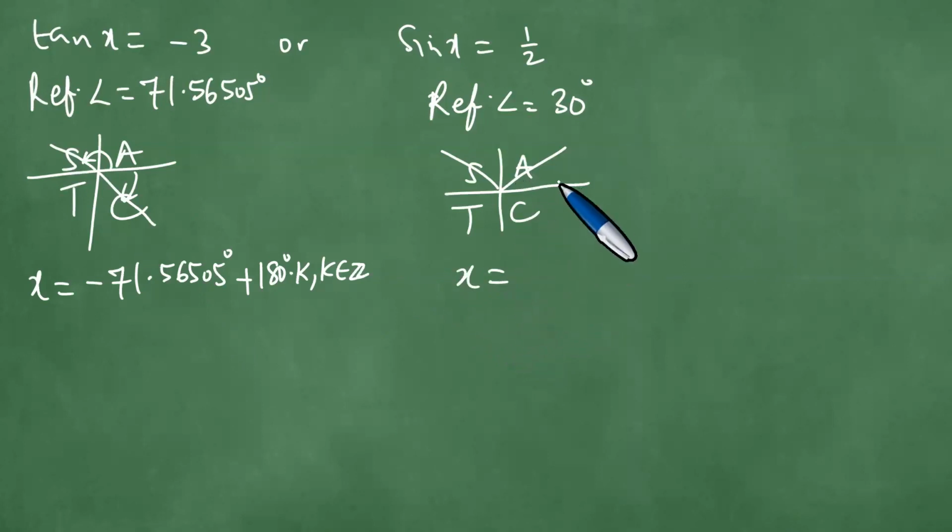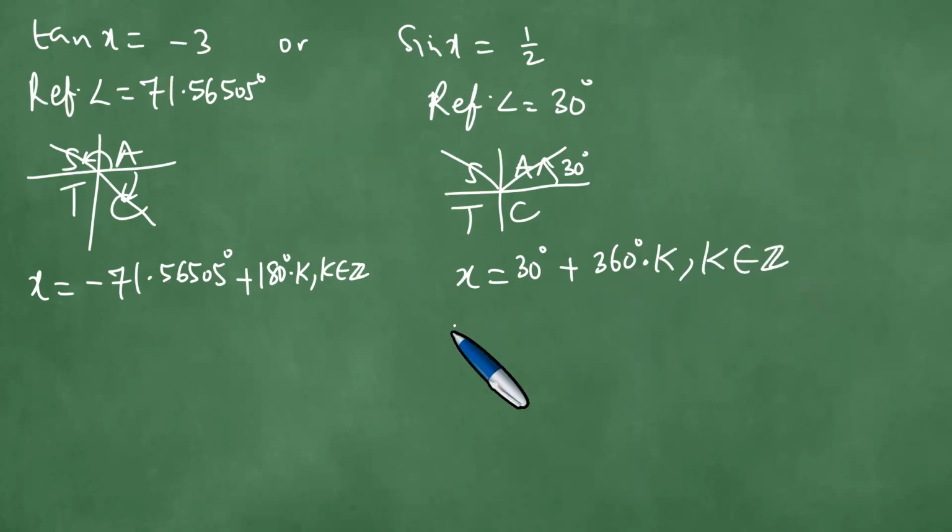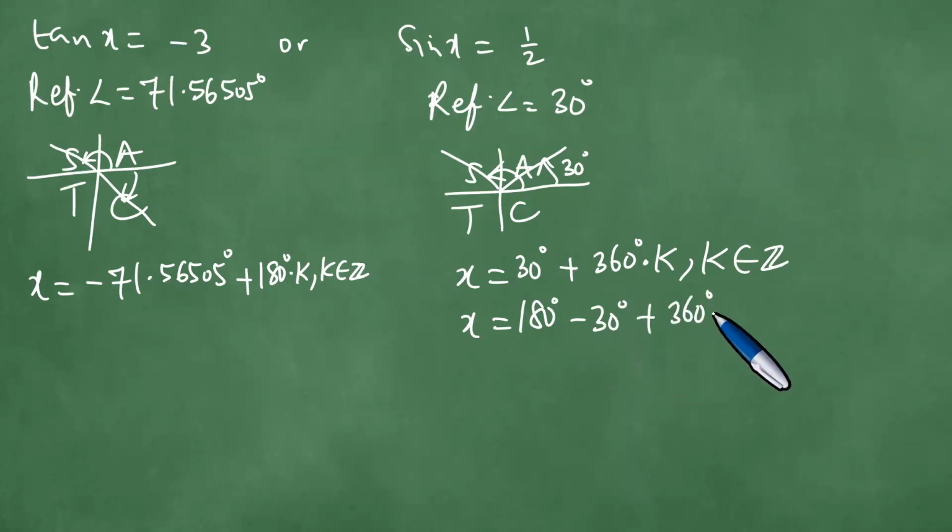In the first quadrant here, this angle is 30 degrees. So this is 30 degrees plus 360 degrees times k, where k is an element of Z. Okay, so we have another one here, which is 180 degrees minus 30 degrees plus 360 degrees times k, where k is an element of Z.